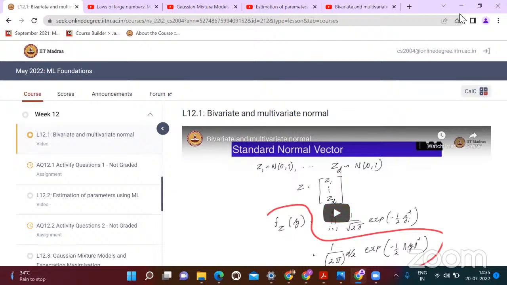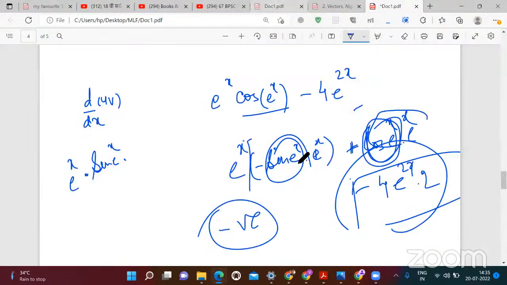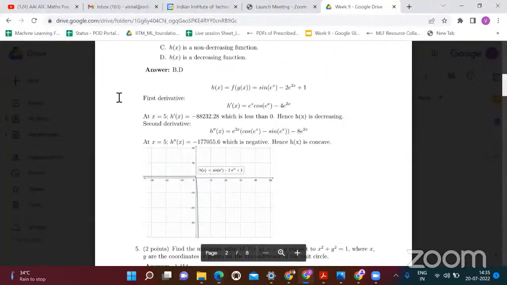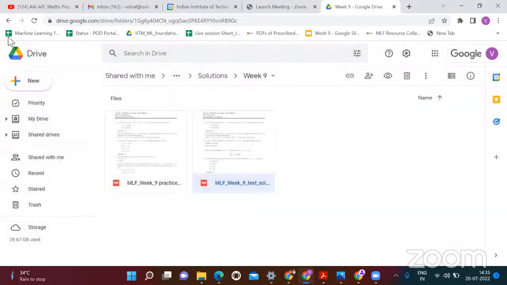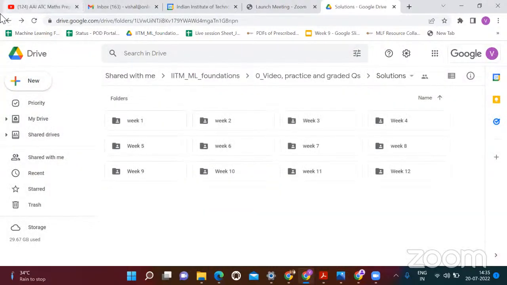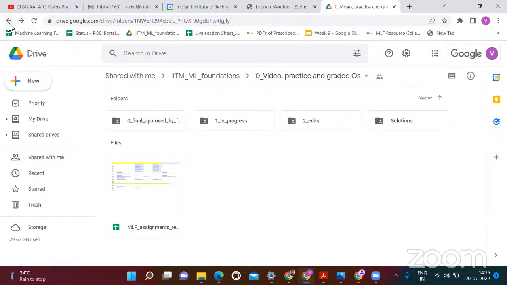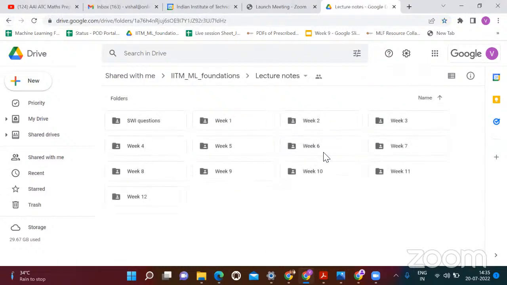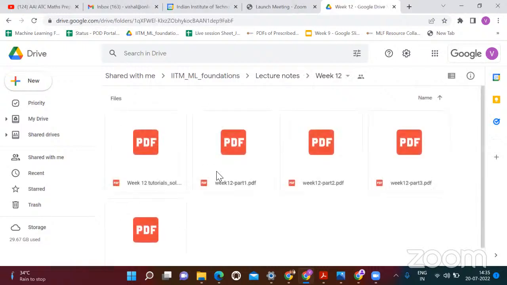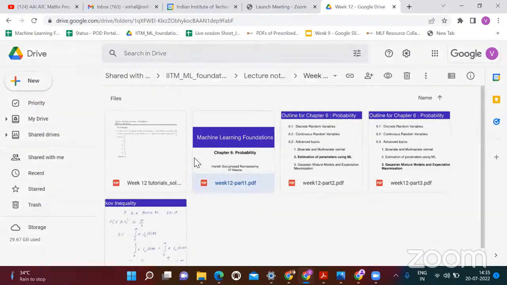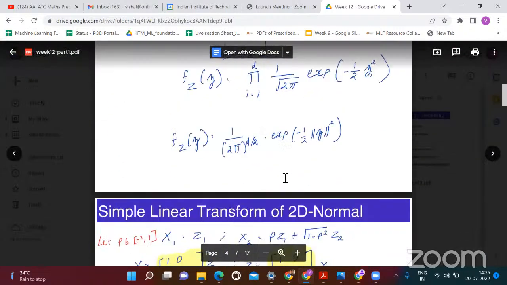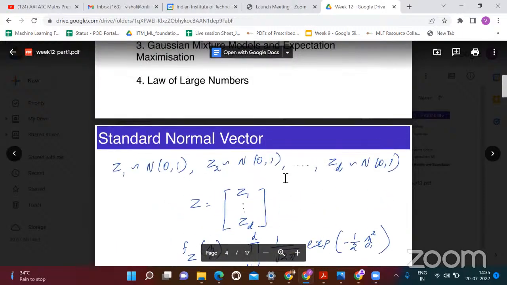So I'll just go through the first lecture slide of this week. Here we are going through the standard normal vector.